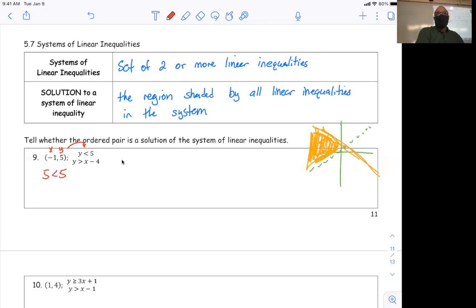Is 5 less than 5? It is not. So we've already struck out. We don't need the second one. However, we'll just practice on the second one. 5 is greater than -1 minus 4. 5 is greater than -5. That one actually checks out, but because of this guy right here, this is not a solution.